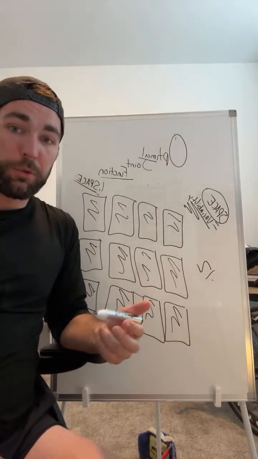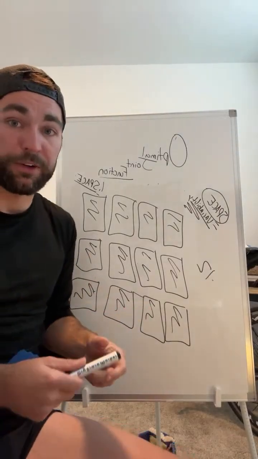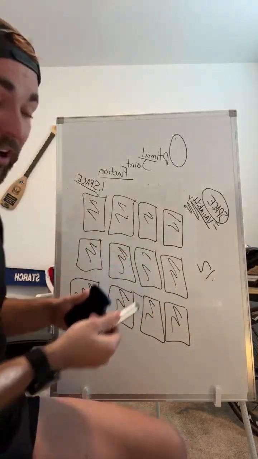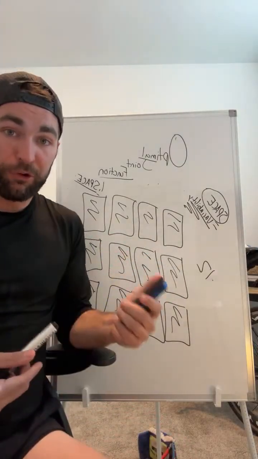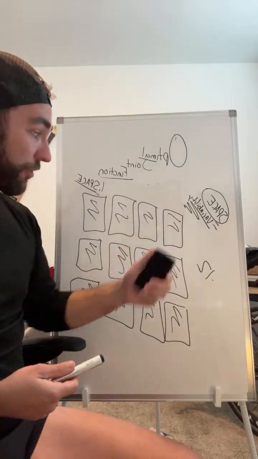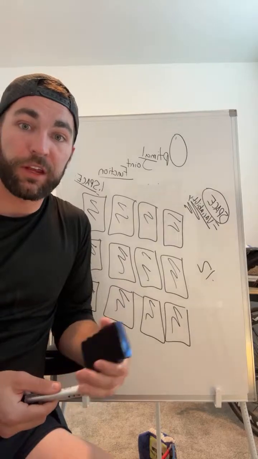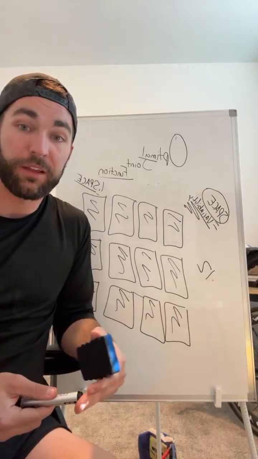So if you were the manager of a soccer field or a sports complex and you had 12 full-size soccer fields, the first thing that space allows you to do is it gives you more options. And more options is, in a nutshell, variability, right?